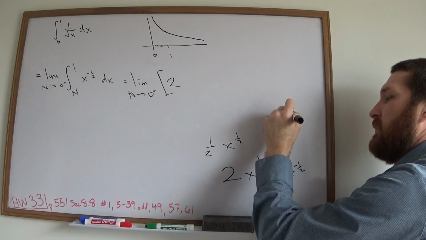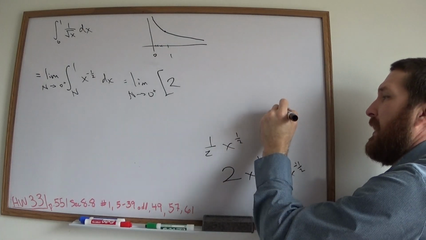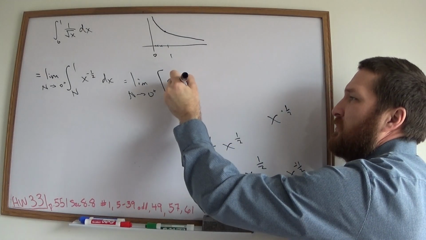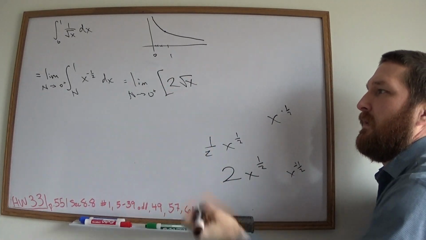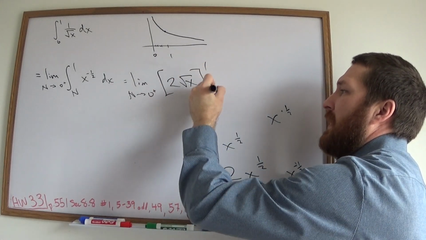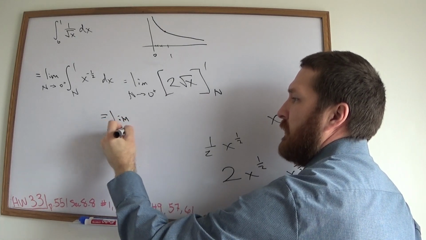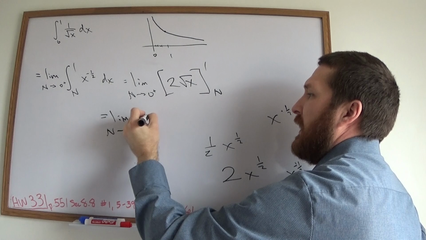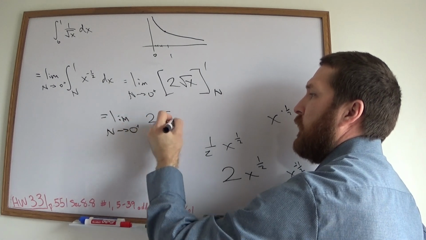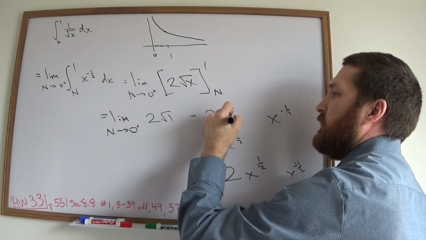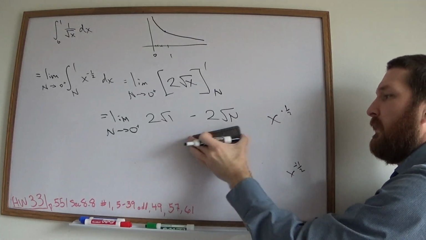So this is x to the positive 1/2, or let's just write that as 2 root x, evaluated at 1 and n, limit as n goes to 0 from above. We have 2 times root 1 minus 2 times root n. Any problems there?